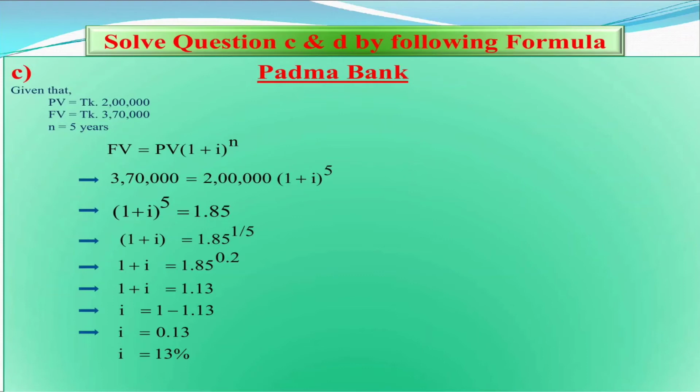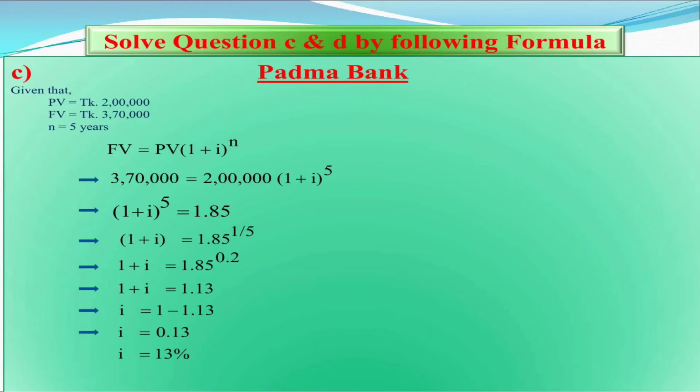And n equals 5 years. So in this formula we have got all values except I. Future value 3,70,000, present value 2 lakh, n equal to 5. So let's calculate this way.